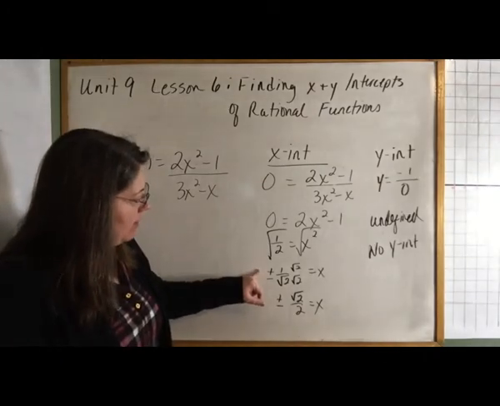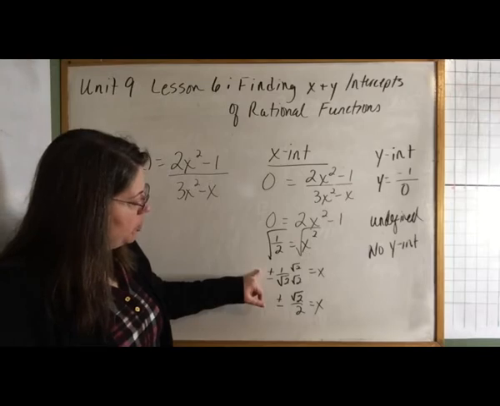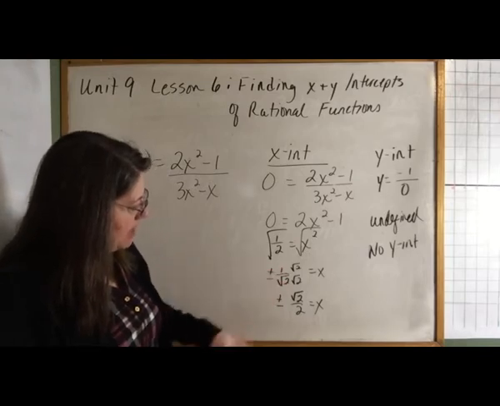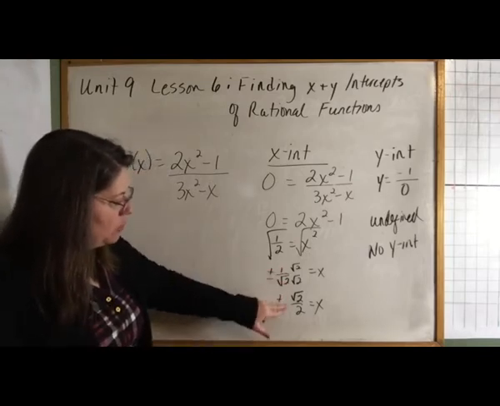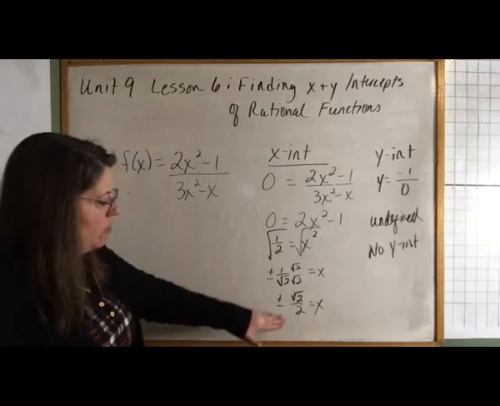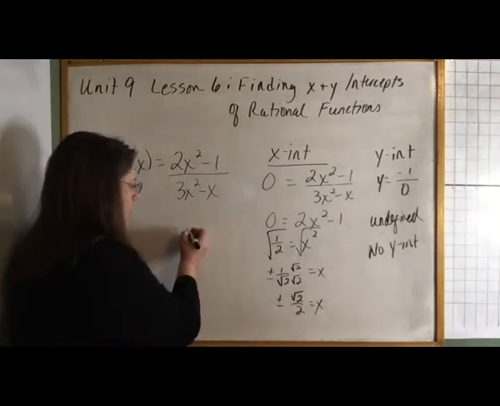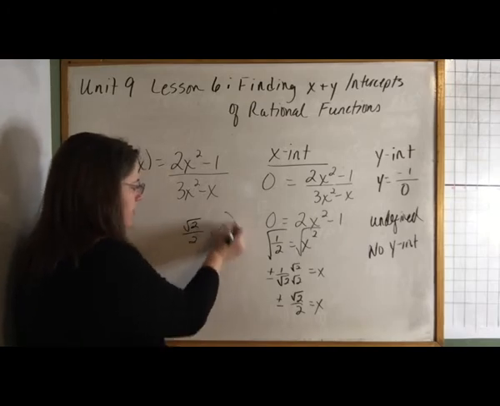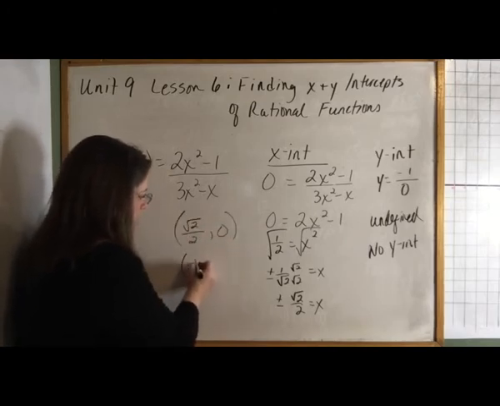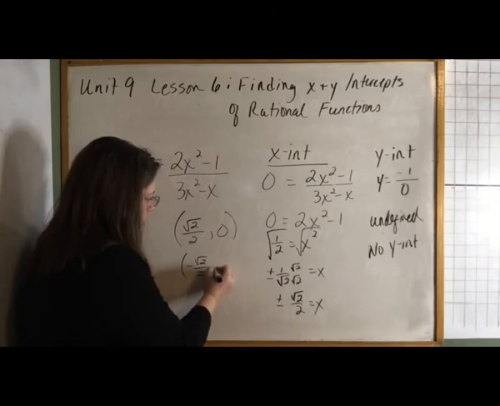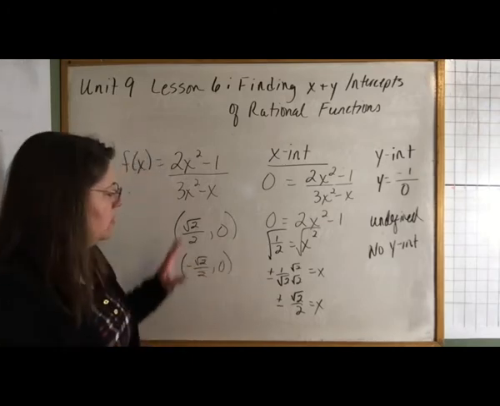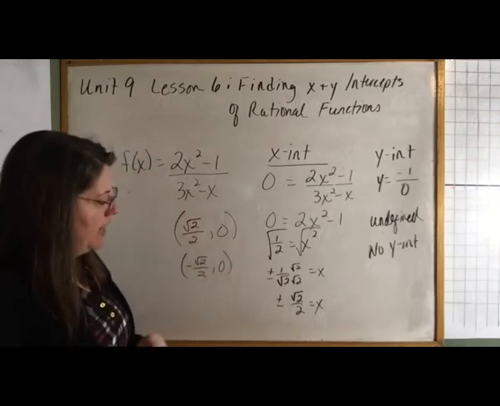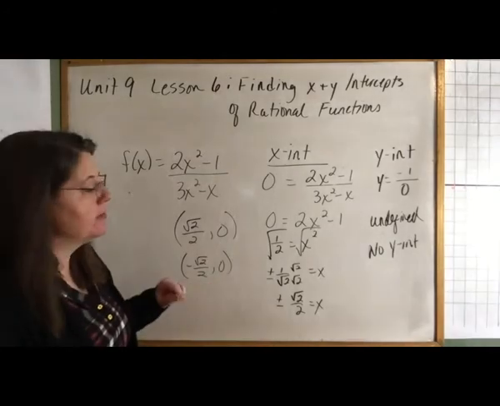So I ended up with x equals plus minus 1 over square root of 2, and then I rationalized the denominator to get plus or minus square root of 2 over 2. So the two ordered pairs for that would be square root of 2 over 2, comma 0, and then negative square root of 2 over 2, comma 0. So those are my two ordered pairs for the x-intercepts.